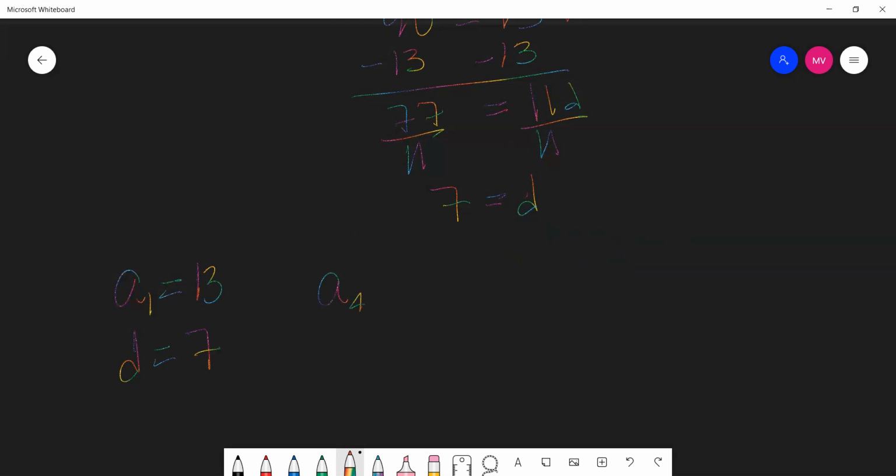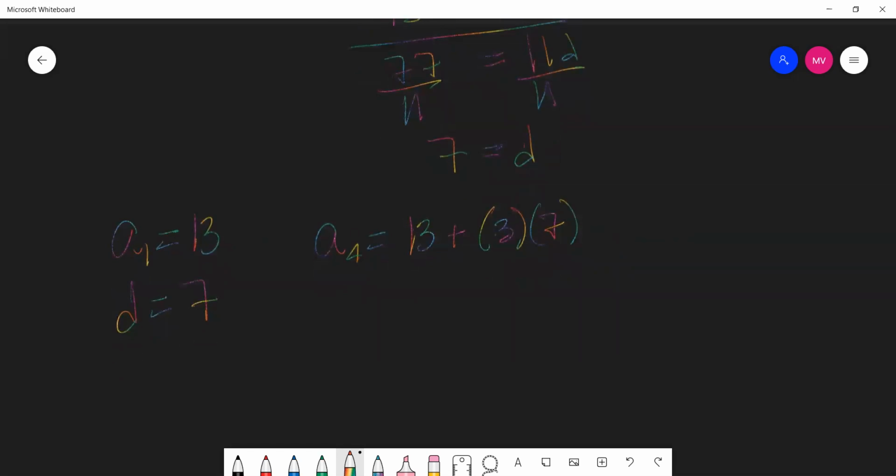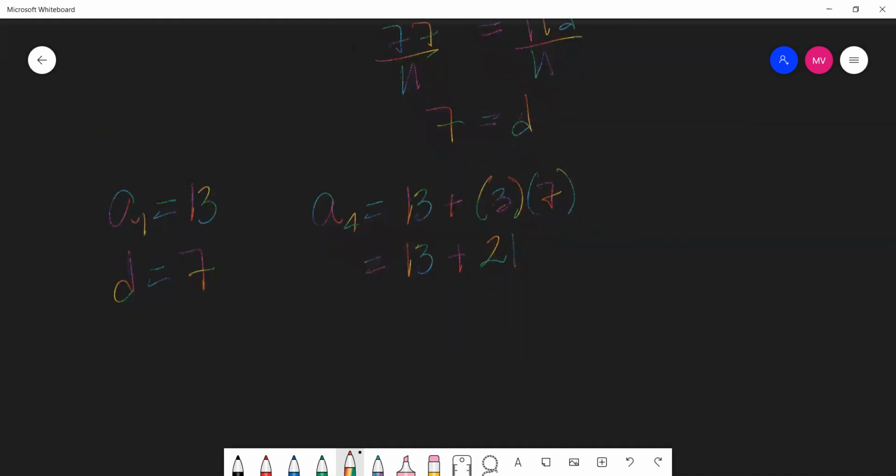So the term at position 4 equals the term at position 1, which is 13, plus N minus 1. So that's 4 minus 1, so 3, times the difference, which is 7. All right, so we have 13 plus 3 times 7, which is what? 21. Y'all fell back asleep on me. So the house number for house 4 is what?